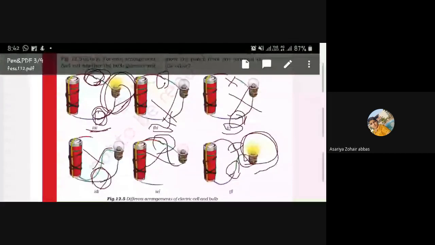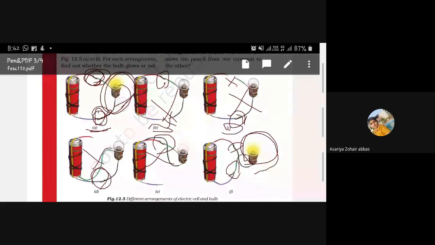Ma'am, because in B they have not joined the wire, and again they have not joined the wire at another place. What about D? In D they joined both wires on the downside, and in E they joined both wires on the top of the cell, the positive terminals.